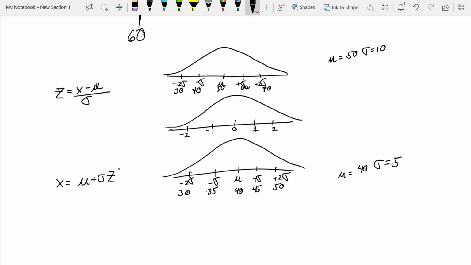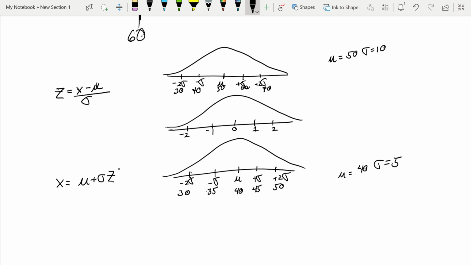What it's used for now is a way to go from one normal distribution to another. You standardize one, and then you can unstandardize it to something else.